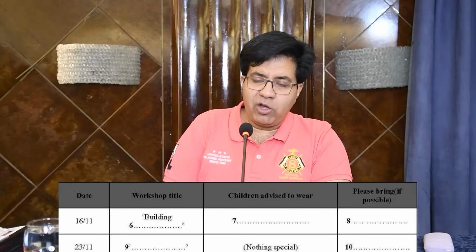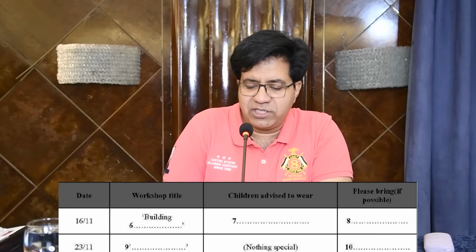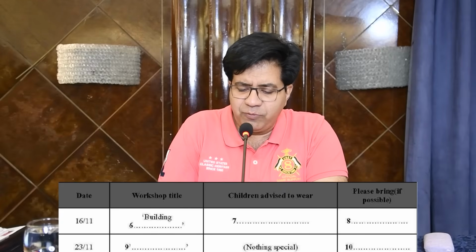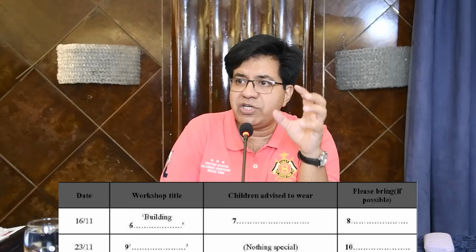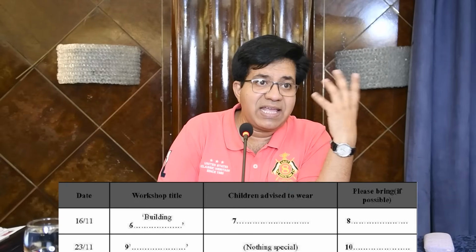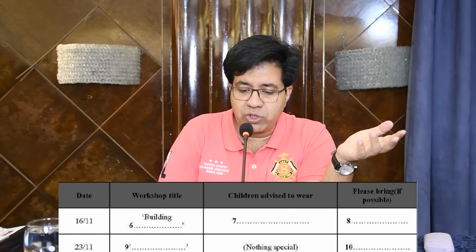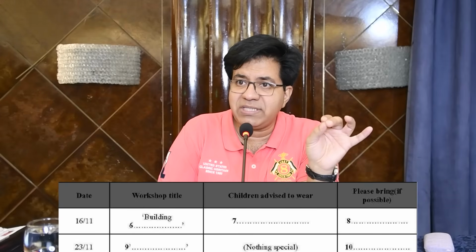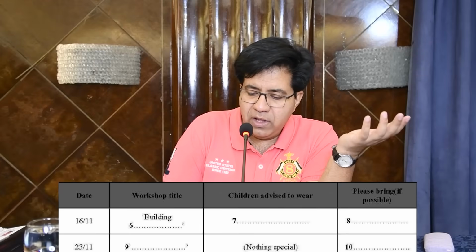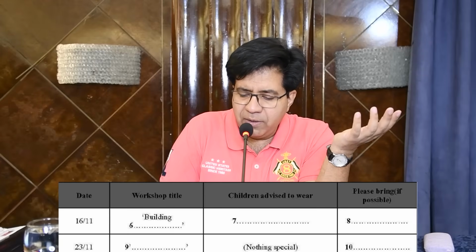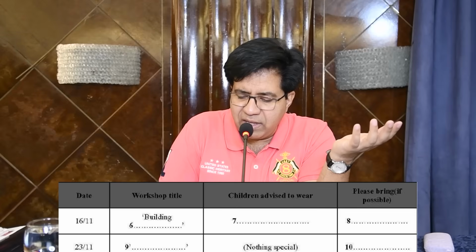Okay, I'm going to play the audio for 3 questions together. Question number 7. Children advised to wear. Now, special advice that children should wear jacket, cap, boots, shoes or anything like that. So question number 7 is about clothes or the type of clothes that they need to wear. And question number 8, please bring if possible.